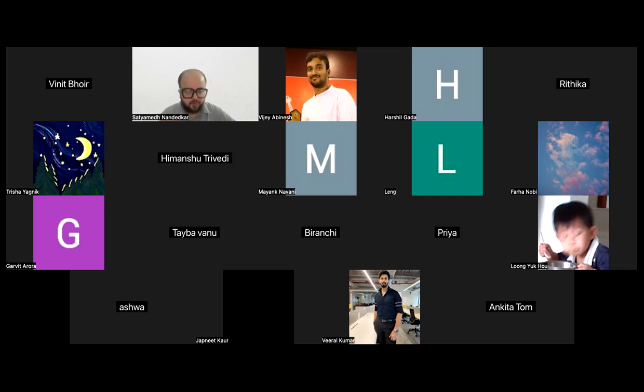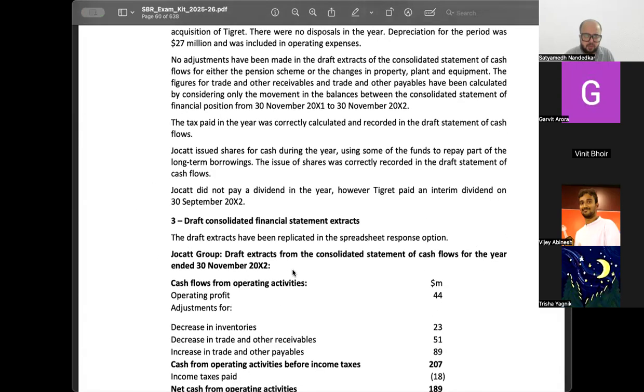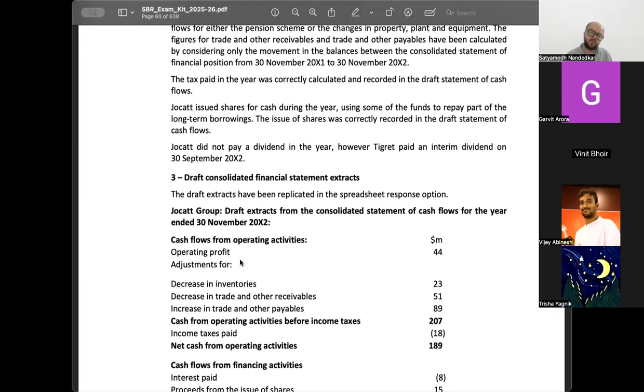In your exam, you will get a pre-populated balance sheet. What is a pre-populated balance sheet? There, certain values are given to you. Okay, I'll show you what that means. Something like this will be given to you, like this draft consolidated statement of cash flow. Naturally, there are some errors in this cash flow statement.